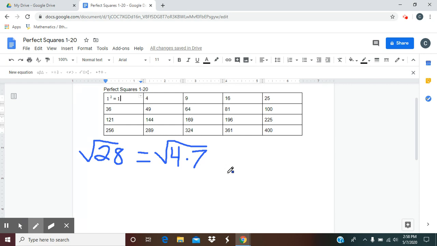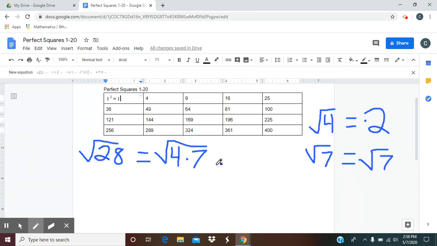All right, now we'll try to take the square root of each number. The square root of 4 will come out as a whole number. It will give us 2. If I try to take the square root of 7, that will give me a decimal. That will not come out evenly. So I'll just leave that as the square root of 7.